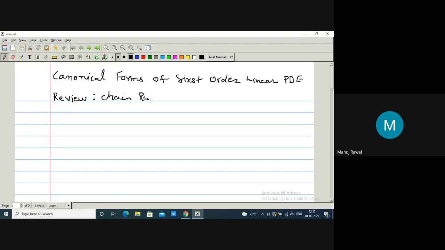Before chain rule, let's know about the following two symbols. This is one symbol which is known as xi. And then there is one more symbol, this is known as eta.